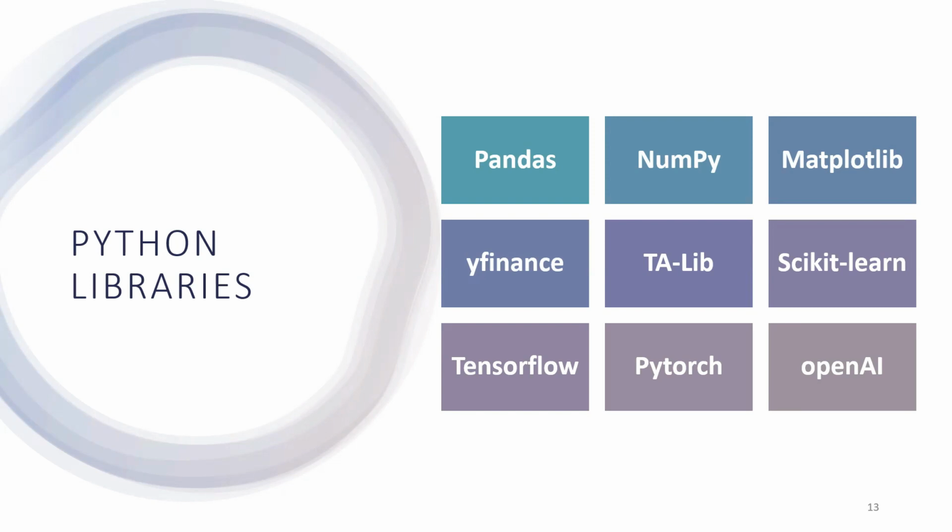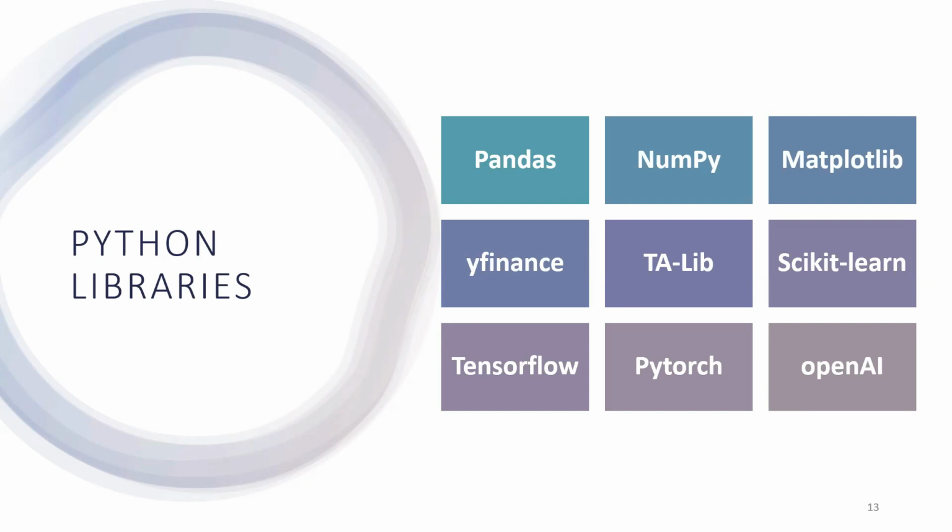Then you have scikit-learn. This is our go-to library if we are going to develop machine learning schemes. If you have any scheme that uses traditional machine learning algorithms like linear regression, logistic regression, support vector machines, decision trees, and the likes, use scikit-learn for it.